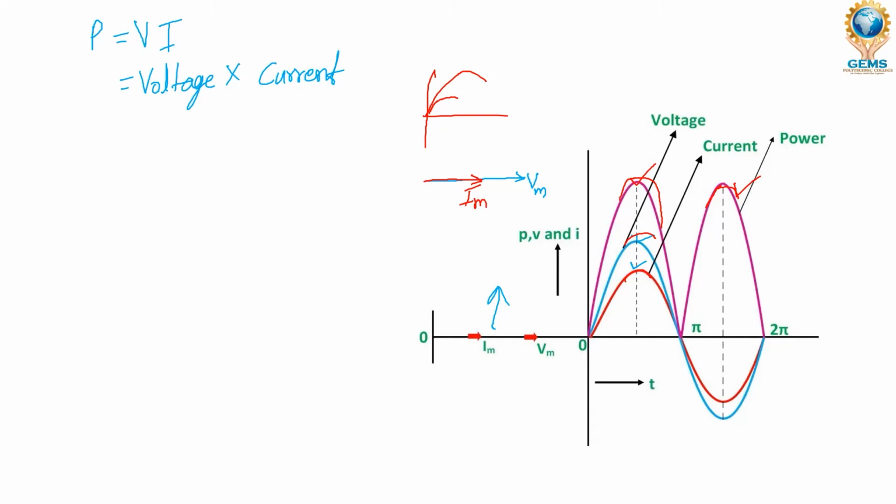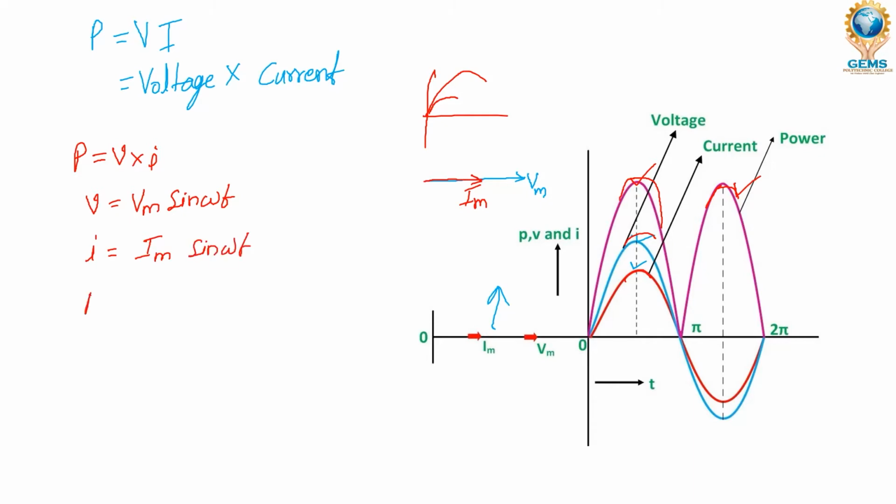Now the power formula: power equals small v into small i. Small v equals Vm sin omega t, and small i equals Im sin omega t.